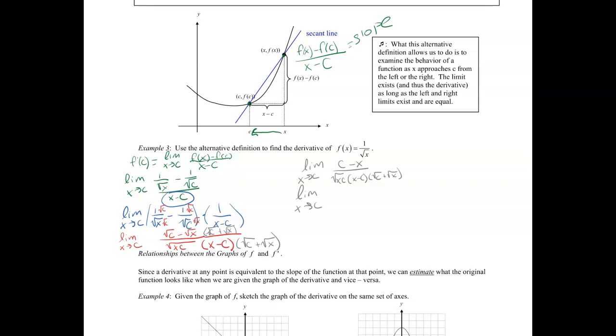What I was noticing is that this particular bit and this particular bit are almost the same besides the sign changes. So if I really wanted to, I can make that bit the same by pulling out a -1. So I'm going to have -1 times, now -c plus x over this grossness, which is going to be the square root of x.